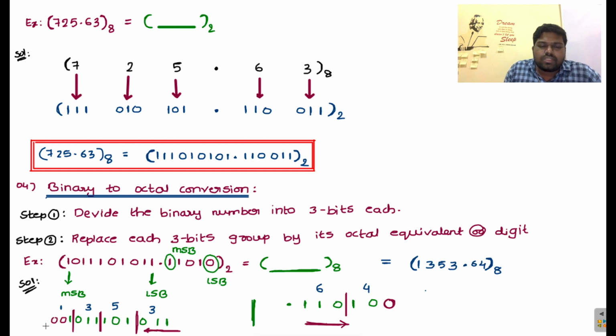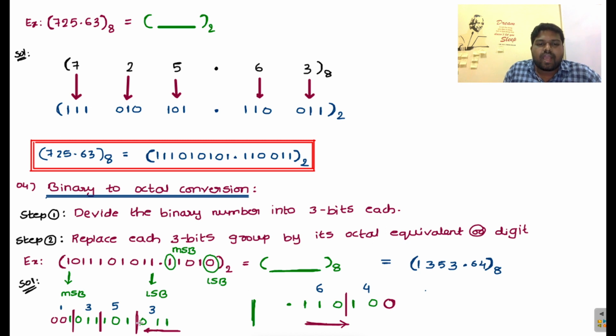By adding these 2 zeros, the integer value cannot be changed. That you have to remember. So that's why I can add 2 zeros in its leftmost position.